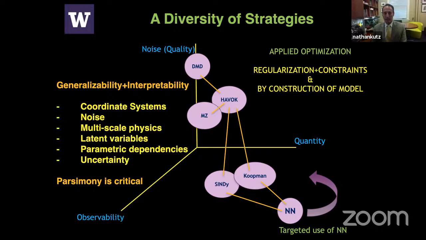So one way to think about it is that if you have low noise, lots of data, and lots of observability, neural nets might be a perfect way to handle the whole thing. But also SINDy, Koopman, all these things. So you get to pick a method, and you also get to pick if you want this thing to be interpretable or not.